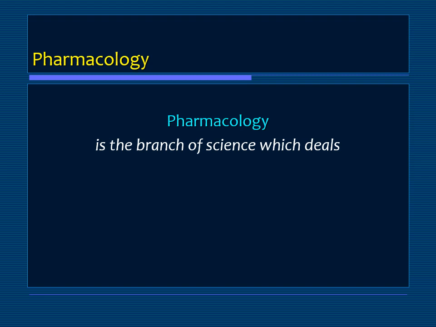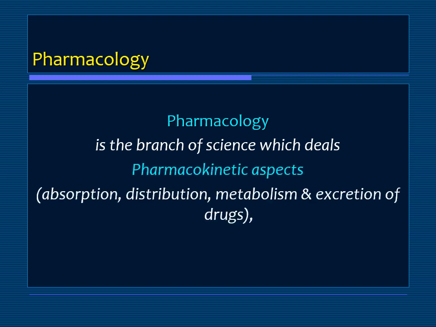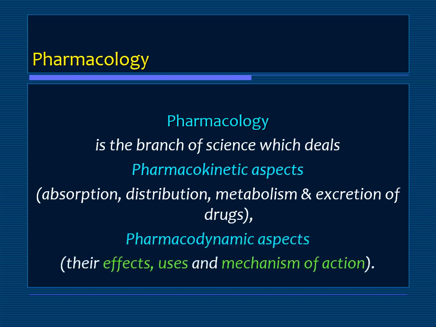First of all, what is pharmacology? Now, pharmacology is a branch of science which deals with pharmacokinetic aspects and pharmacodynamic aspects of the drug. Pharmacokinetic means movement. In these processes, the drug moves from one side to another.